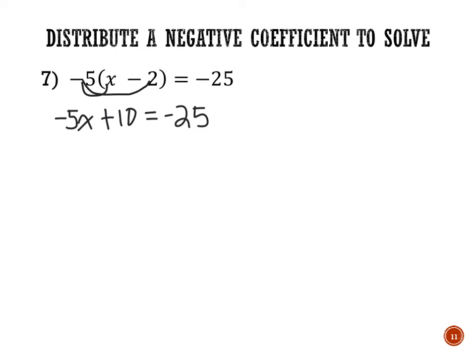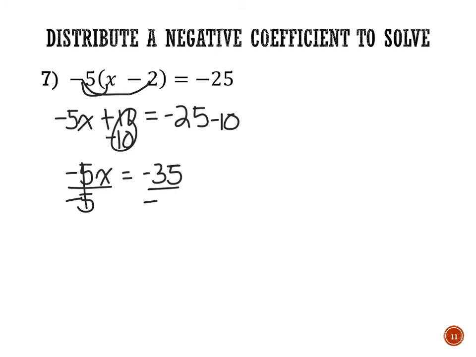To get rid of a positive 10, I'm going to subtract 10 from both sides. So negative 5x equals negative 25 minus 10, which is negative 35. To get the x by itself, I'm going to divide by negative 5. So x equals negative 35 divided by negative 5 equals positive 7. Remember, the negatives cancel each other out.